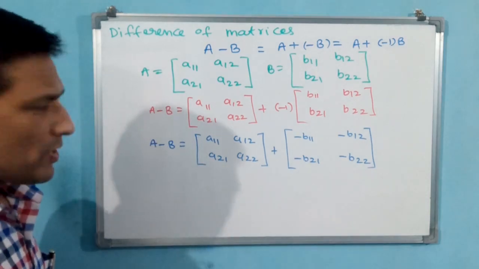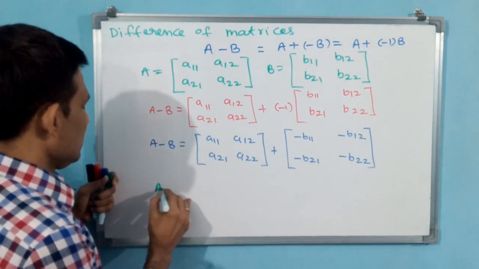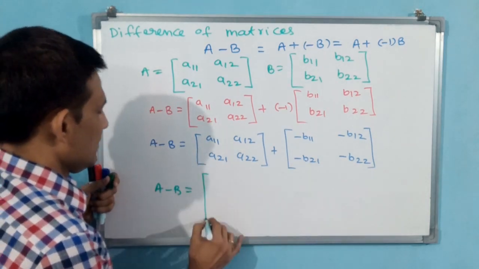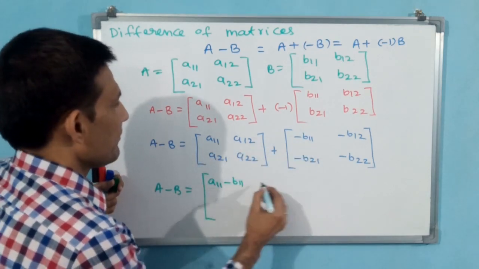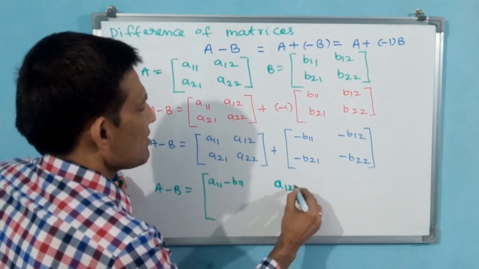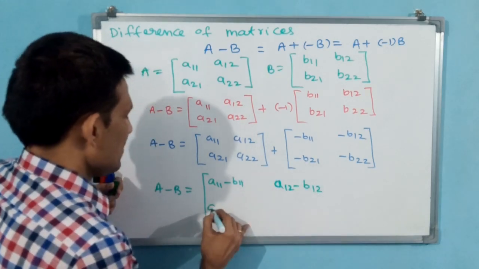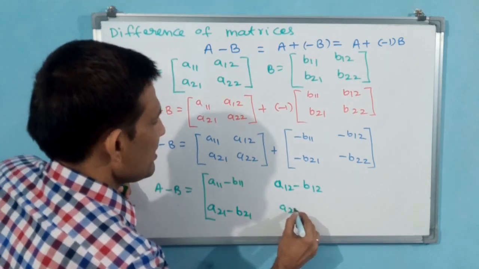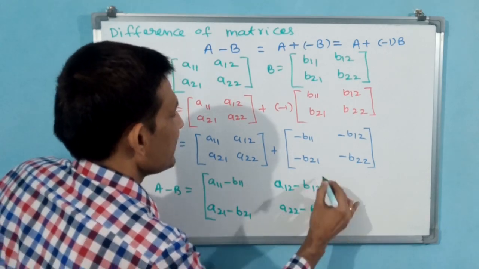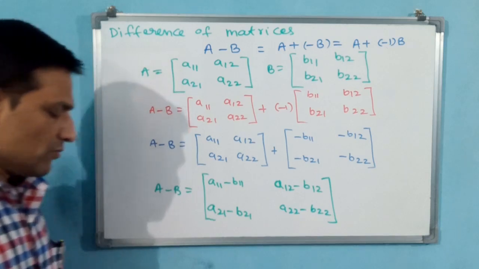Okay, now you add: A11 minus B11, A12 minus B12, A21 minus B21, A22 minus B22. Is this okay?